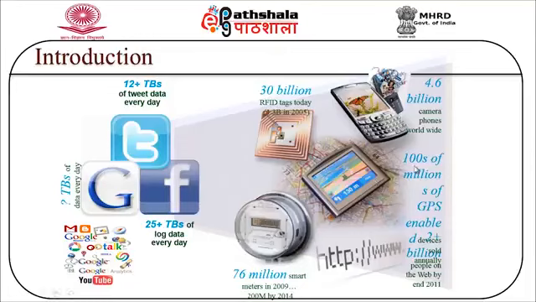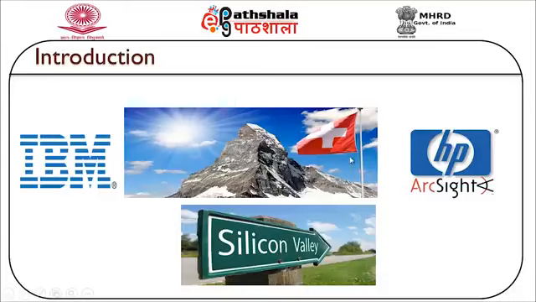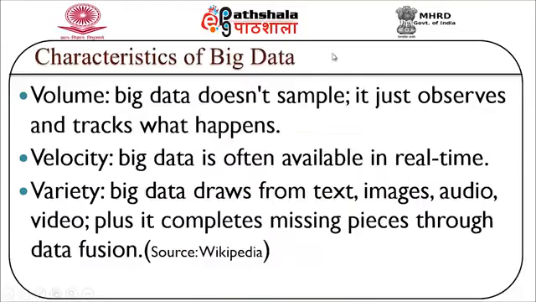So with all these devices and social networking applications, human beings populate a huge amount of data onto the web. That huge data that is available on the web, we call it big data.